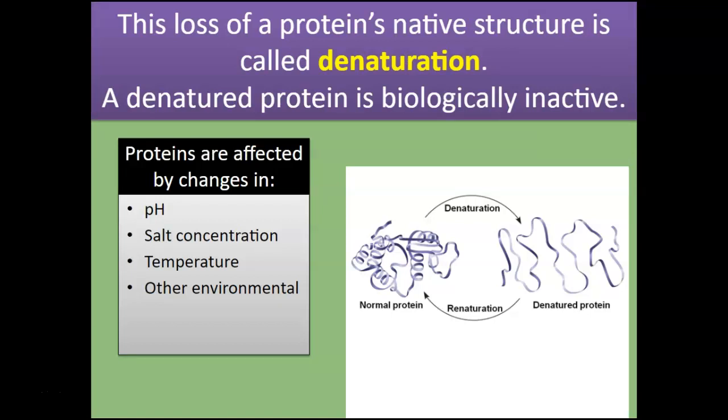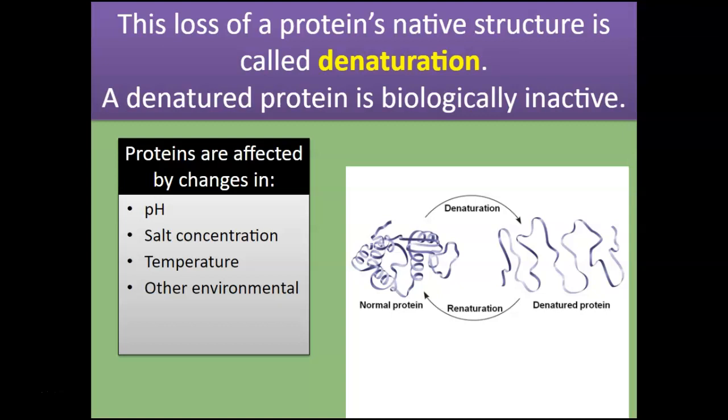To break a protein apart, we call this denaturing or denaturation. So proteins can become denatured when the bonds that form the quaternary, tertiary, and secondary structure are broken. What can break these chemical bonds?